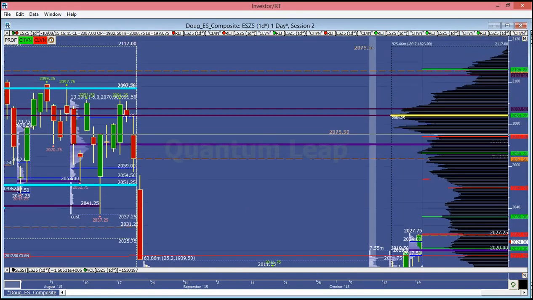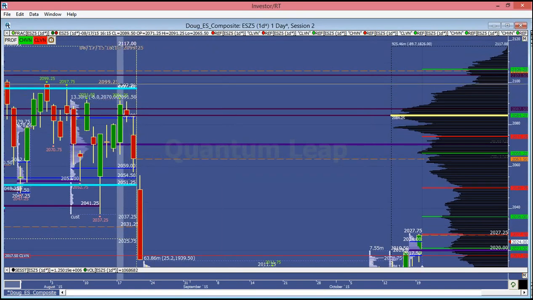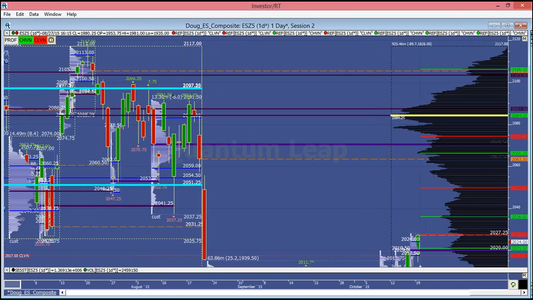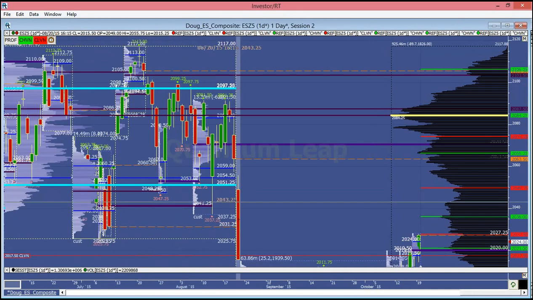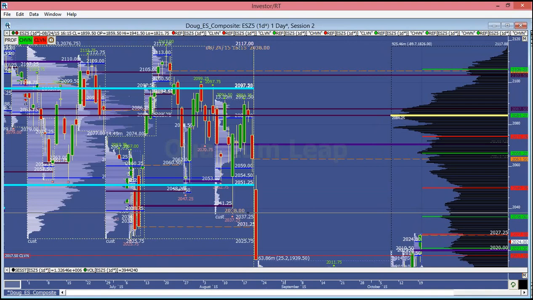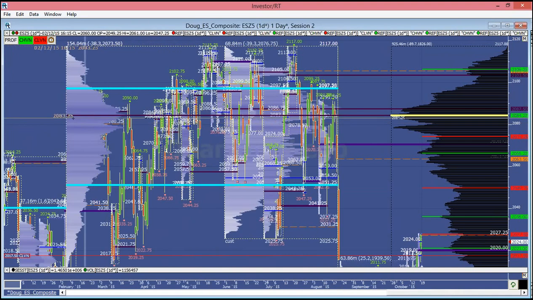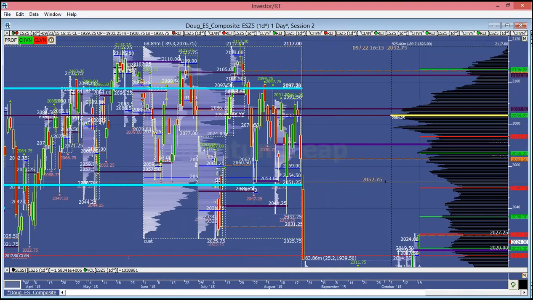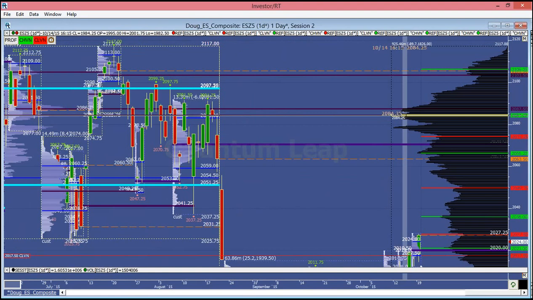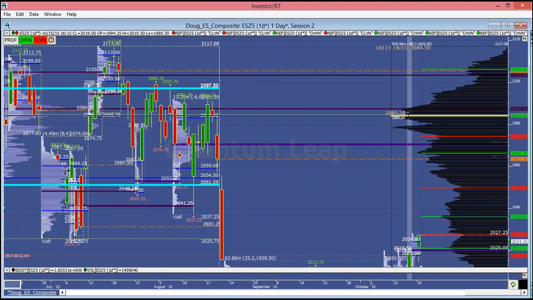Our value area low of the prior value area that we broke out of on the 20th, the significant breakout candle, the microcomposite VPOC, or most traded price in that time, in addition to the most traded price going back to the beginning of 2013, 01/01/13, is 2084 and a quarter.